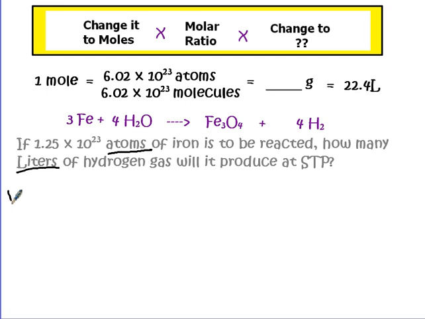All right, so here I go. I'm starting this problem out with 1.25 times 10 to the 23rd atoms of iron. So my first step, I'm going to change it to moles. So on the bottom, I need to get rid of atoms down here. So we know what that number is. Yep, Avogadro to the rescue. 6.02 times 10 to the 23rd atoms. Ooh, that was messy.